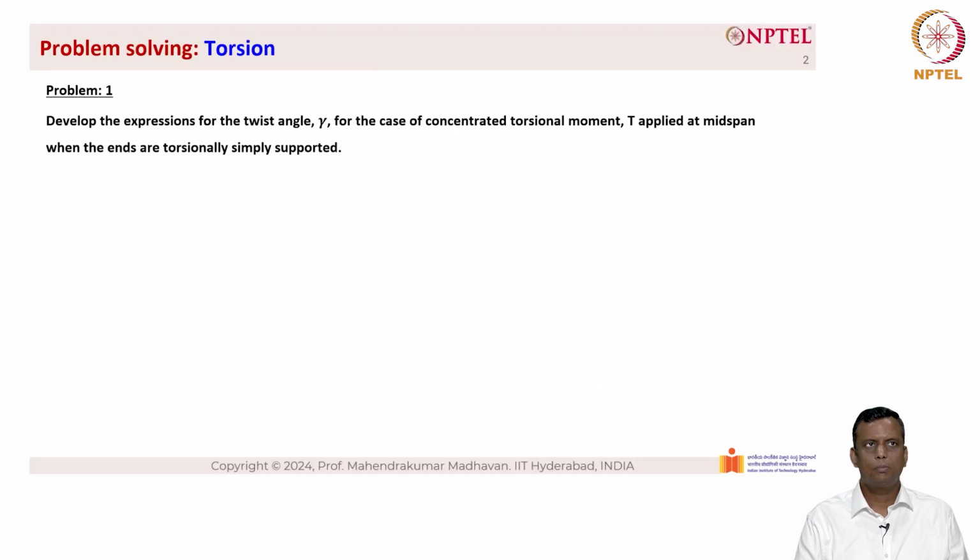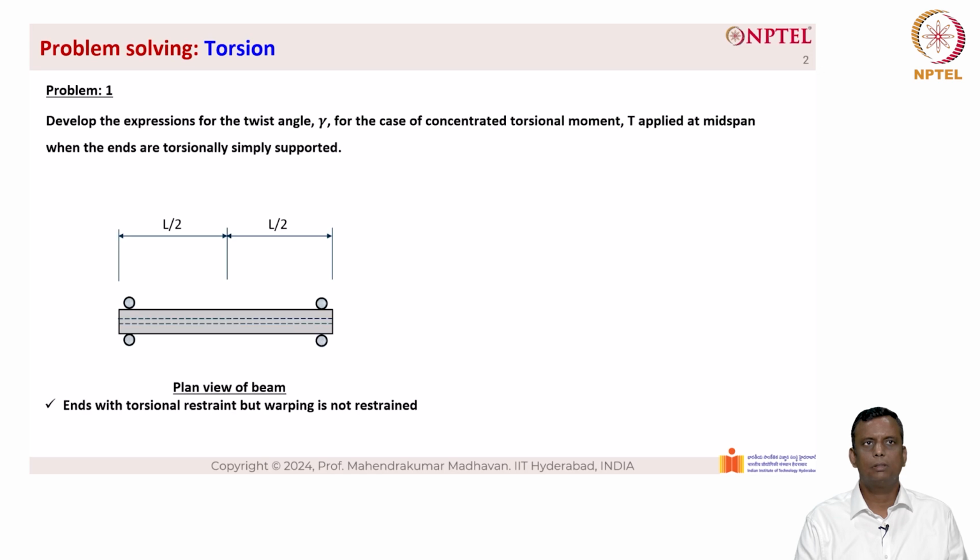So the first problem is, develop the expressions for the twist angle gamma for the case of concentrated torsional moment T applied at midspan where the ends are torsionally simply supported. So you can see the beam where the ends are torsionally restrained, and this is the plan view of the beam.